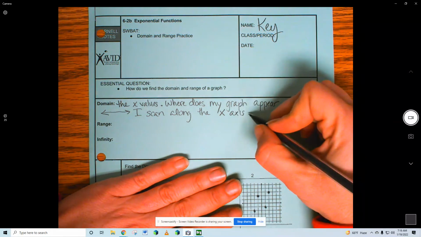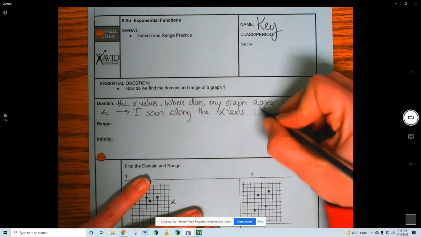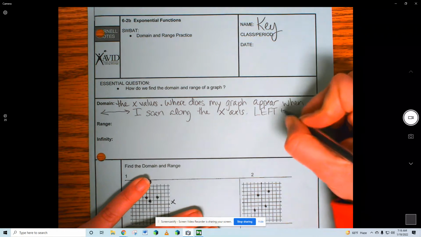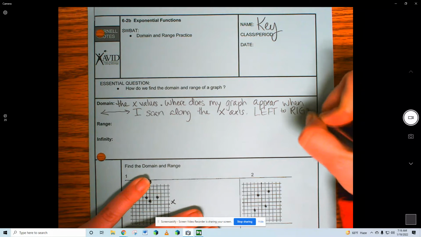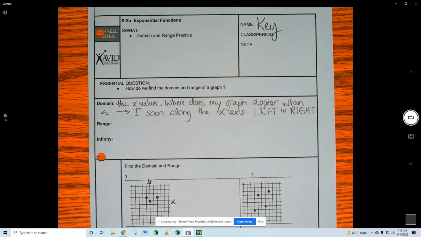So I'm going from left to right. It's important that you go left to right. Scanning from left to right, where's the dark line? In some cases, like number 1 and 2, we just have dots. So I'll show you how to do that as well.